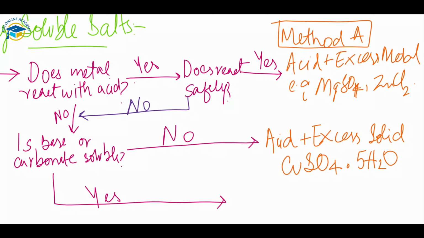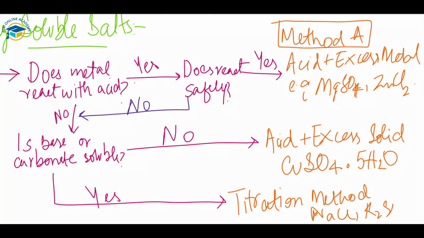Next, if the base or the carbonate is soluble, yes, then you can use the method of titration. The titration method is used for this one, in which the acid and the base react together, and we have examples of NaCl and potassium sulfate.